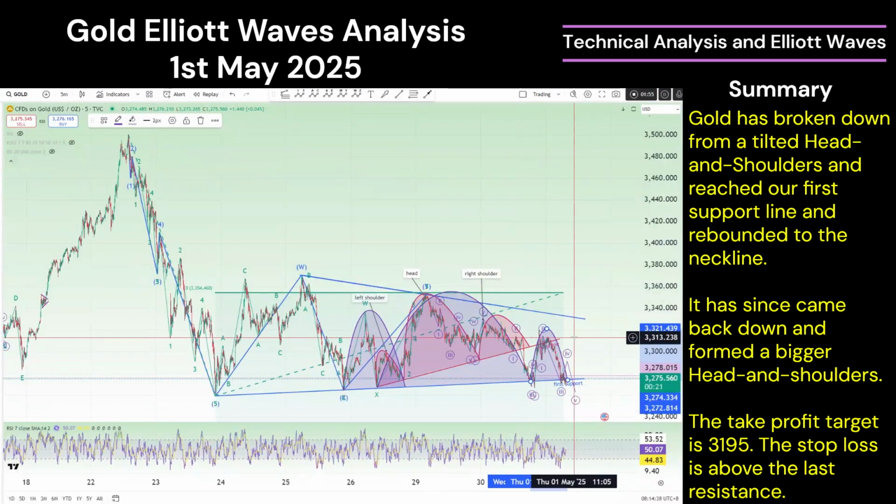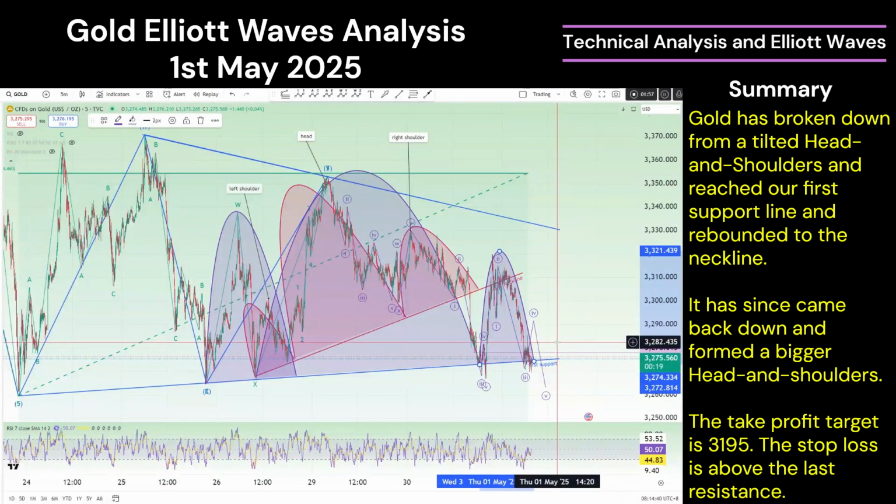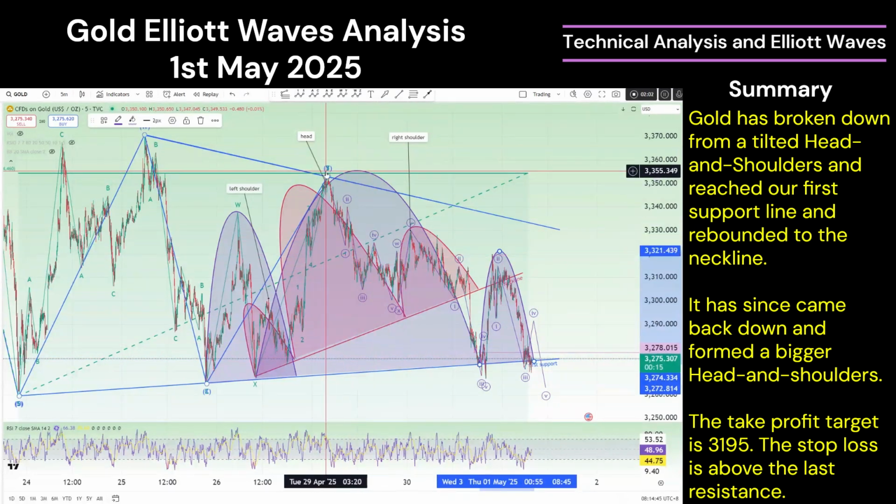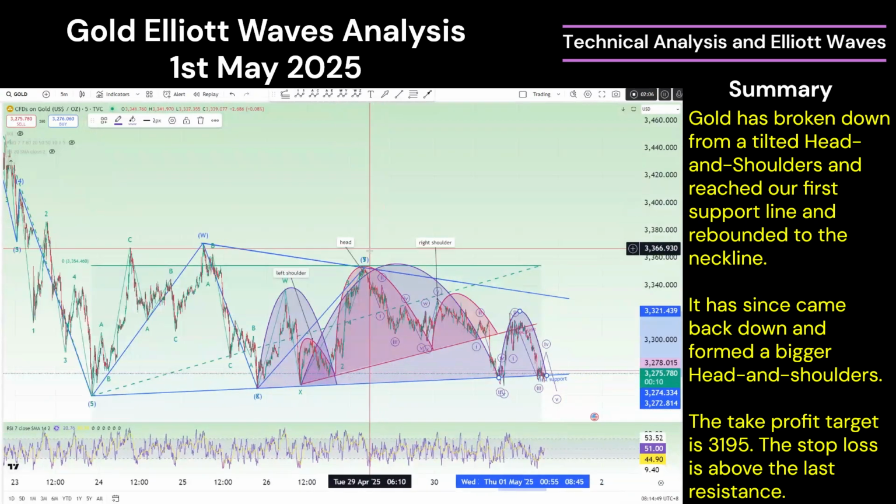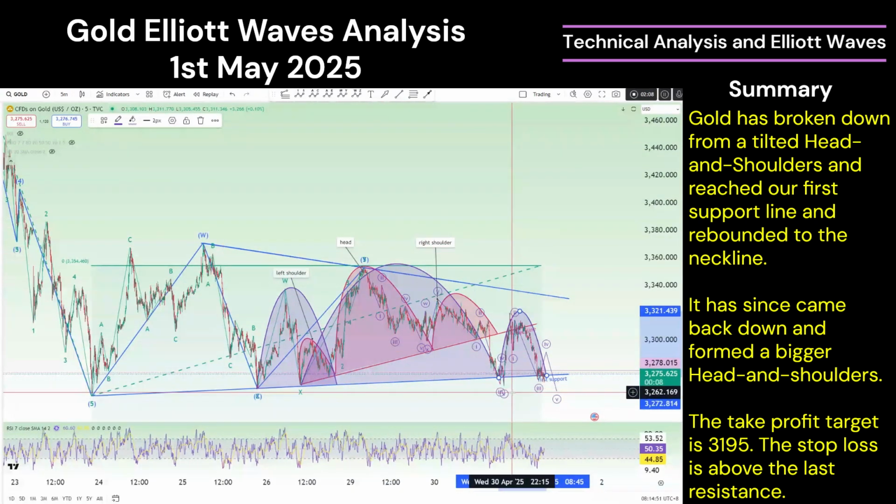This is usually how we see head and shoulder without really having to count it. Over here, because I already counted, you can see that what we have is 1, 2, 3, potentially a 4 and a 5, but this could be an extension, right?